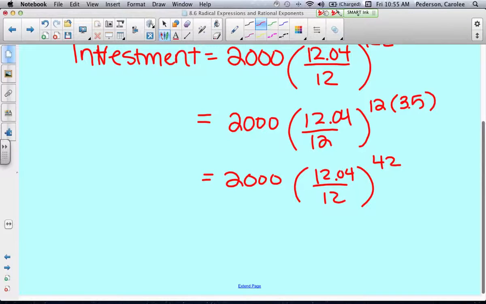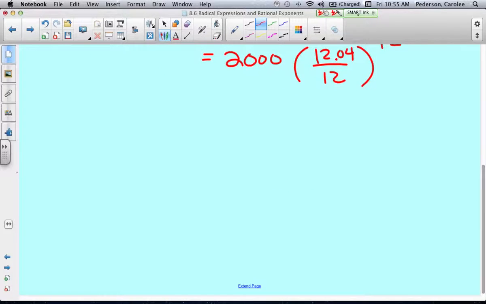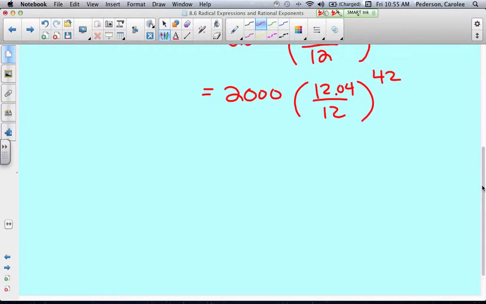Then after you do your exponents, you continue with that exponent, but we might want to clean up that fraction first, and then raise it to the power. The 1 plus 0.04 divided by 12 is 1.003. I would just leave that in the calculator and then raise it to the 42. So now you still have 2,000 times 1 plus 0.04 divided by 12 and then raising it to the 42.